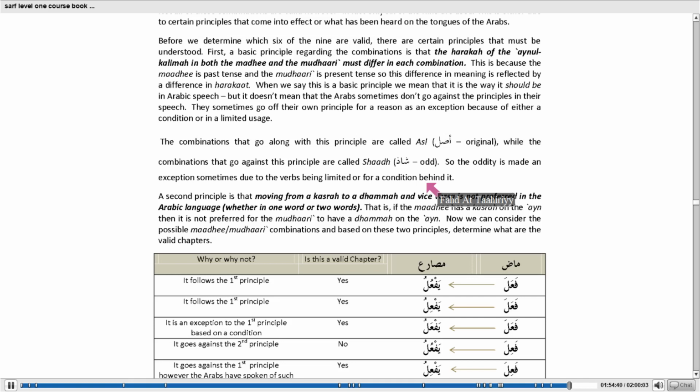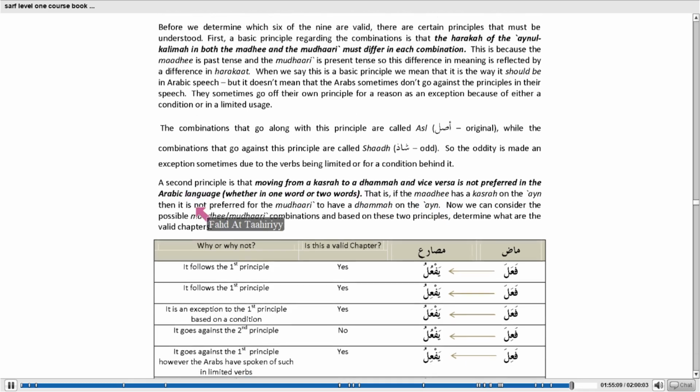But if the haraka of the ain in the madi is the same as the haraka of the ain in the mudari' it is combined with, then this is an odd combination. Because it's not a combination which should be done. Such verbs of the madi shouldn't be combined with the same ain haraka of the ain in the mudari'. So this is the first principle.